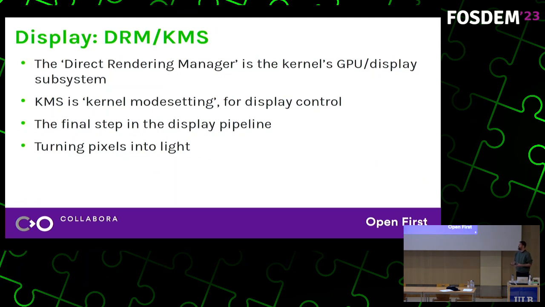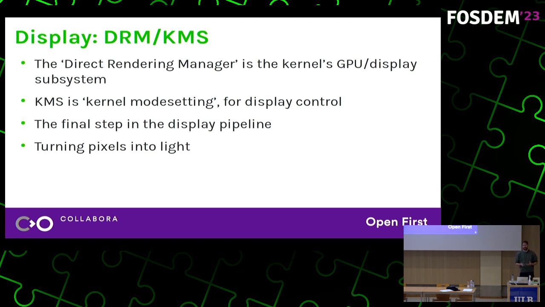So for us, DRM and KMS are the acronyms you mostly see. The Direct Rendering Manager is anything to do with graphics or display inside the kernel. It's a weird legacy name. And those are all of the GPU and display drivers.